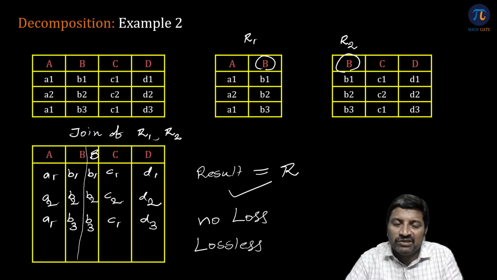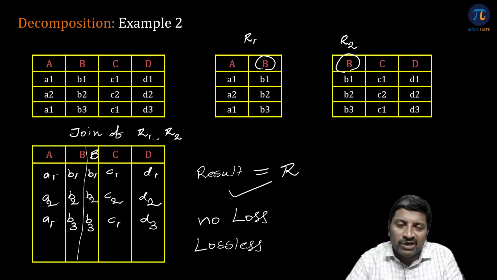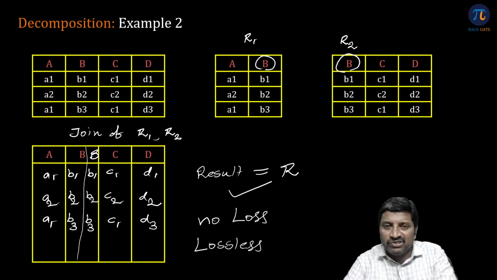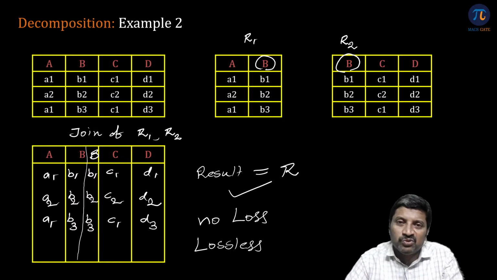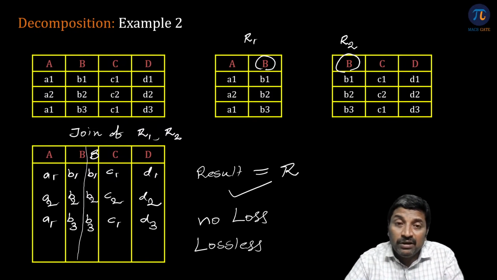Now suppose that we don't know anything about the records, or suppose I have millions of records. Then it is not possible to write the answer of the join of the tables R1, R2. Whenever I have 20 records, 30 records, or millions of records, how do we verify the property of lossless?